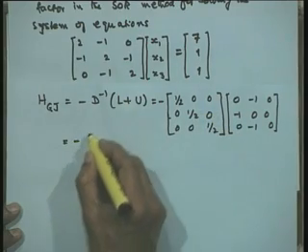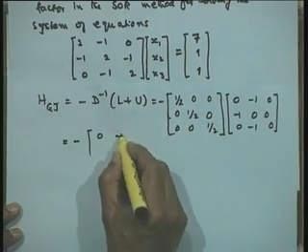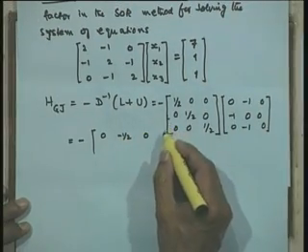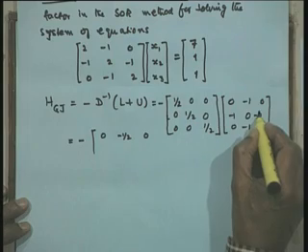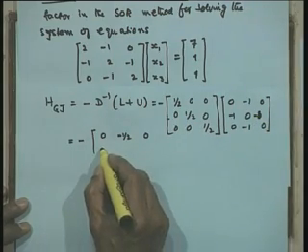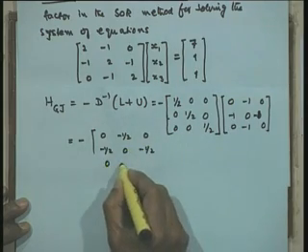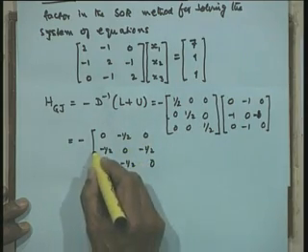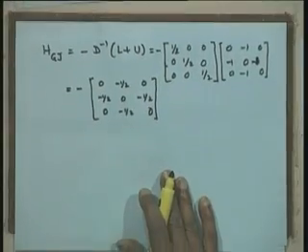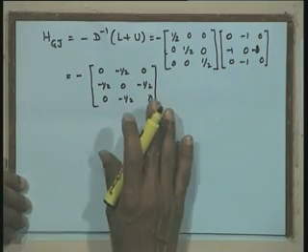Let us multiply it out. There is a minus 1 here, a minus 1 here, a minus 1 there. Therefore, I will have 0 minus half 0, minus half 0 minus half, 0 minus half 0. Now I will find the eigenvalues of this.